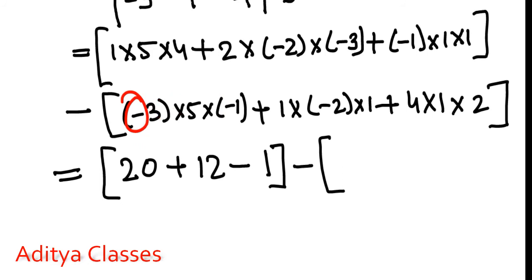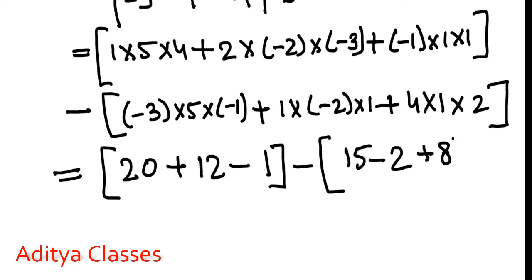So 3 multiplied by 5 is 15, but with a plus sign, which we need not write. Next, 1 multiplied by 2 multiplied by 1. So we get a 2, but this time I have only one minus sign, so it will survive. It will not cancel out. It will leave me with a minus 2. And the last one is 4 multiplied by 1 multiplied by 2. It is a straightforward case of 8.